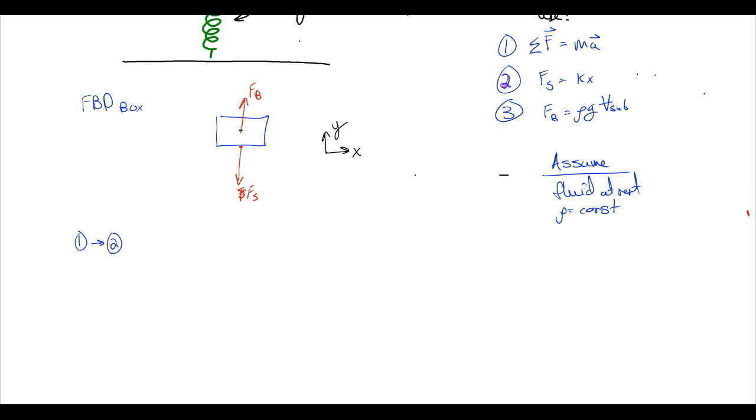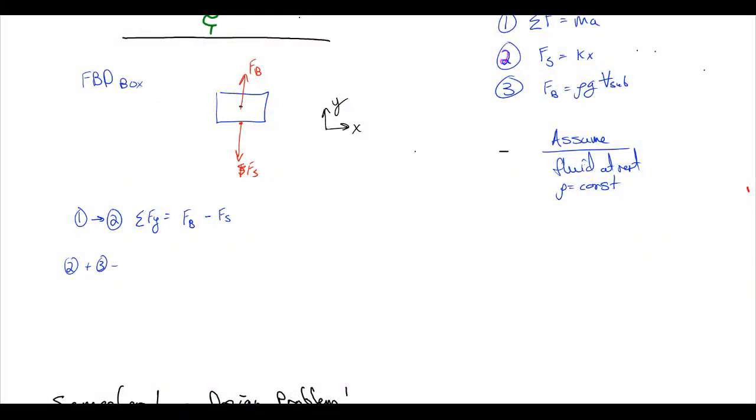So if we were to now take equation 1 and tell our graders and our future coworkers that we are going to convert equation 1 to equation 2, we're going to say that the sum of our forces in the y direction is equal to our two forces added together. So we have a positive FB minus an FS. And let's take equation 2, add in equation 3 and equation 4, and make that equation 5. I mislabeled things here; this should be equation 4.